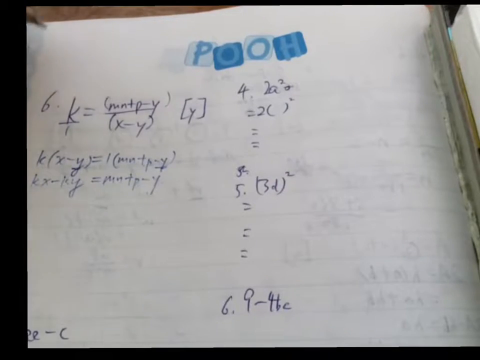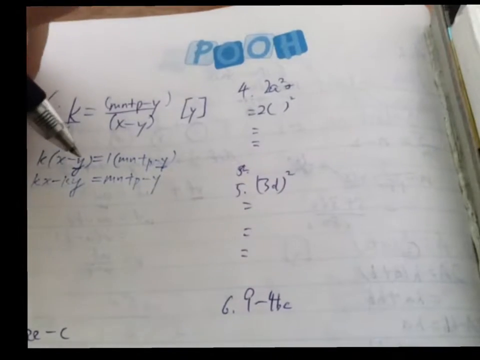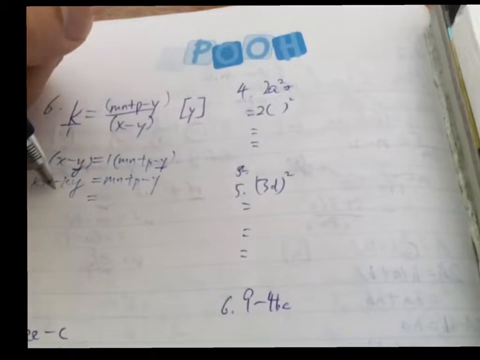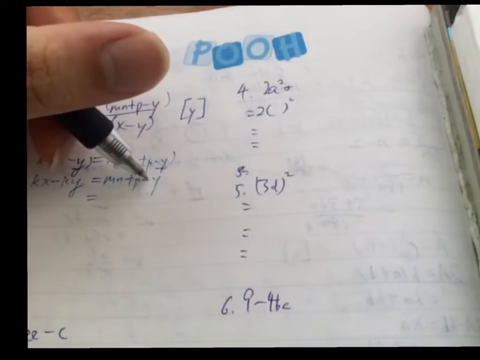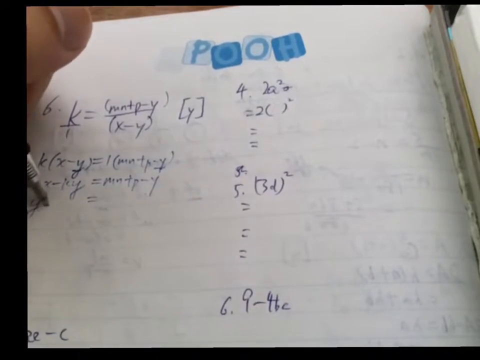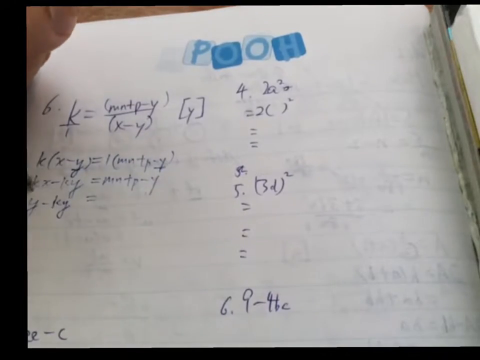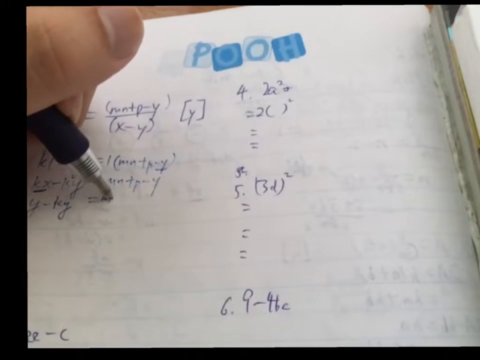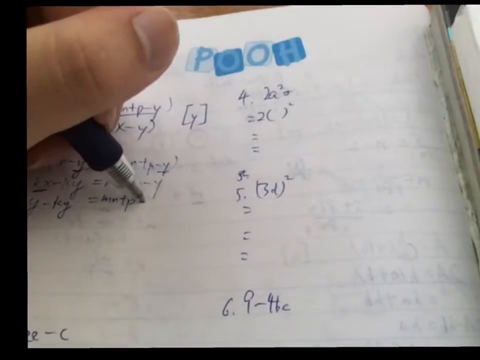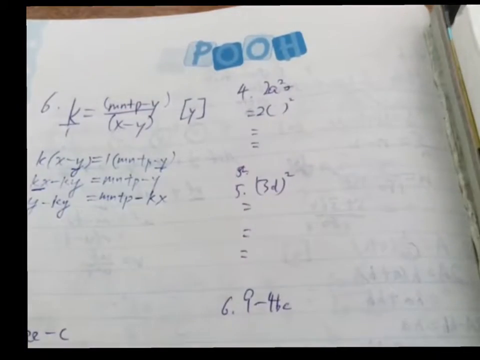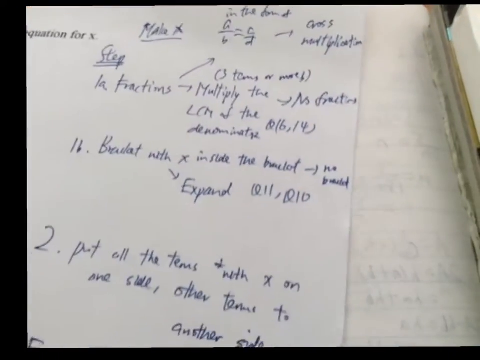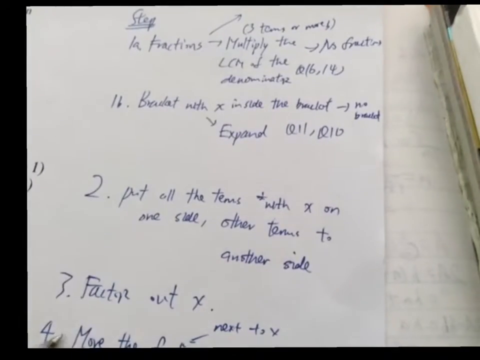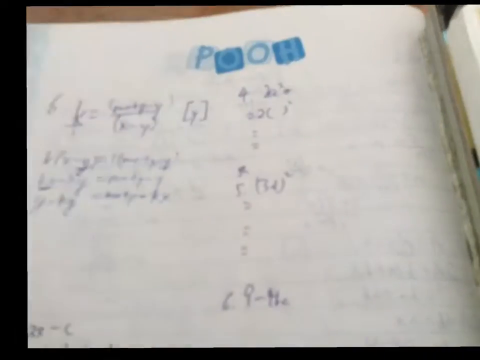With 3 terms, and then you can move all the terms with y to one side, for example to this side, and all the other terms without y to the other side. So this one I will move to the other side. So these are the steps, and then we'll do the next steps. Factor out the y.